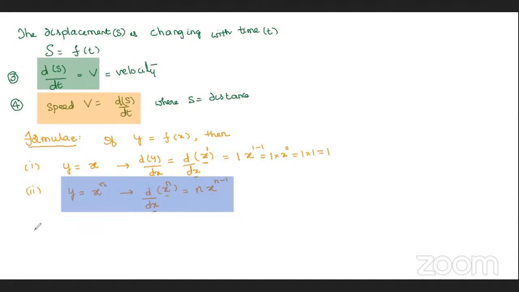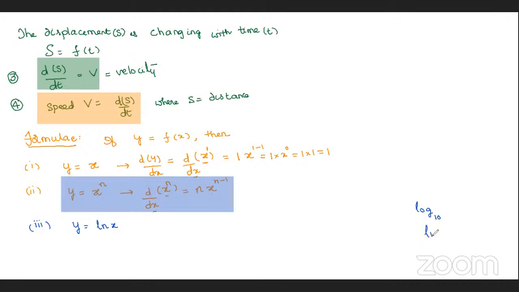Then here, the third one, what I have to remember: if y is given as a function of x, as log x, keep in mind, if I write it like this, that is base 10.